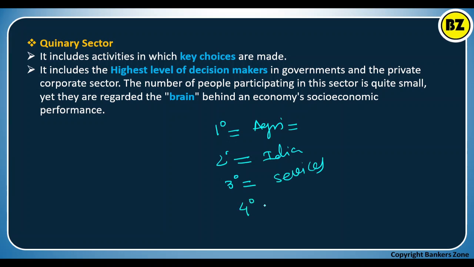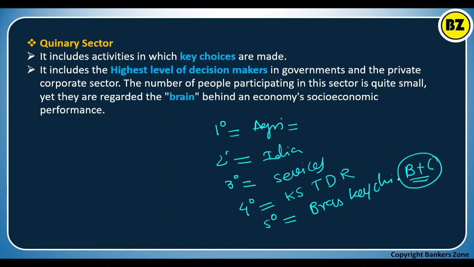Then we have discussed the quaternary, which is the knowledge sector: teaching, development, research. And the quinary sector is nothing but the brains, basically making the key choices. They may be bureaucrats plus corporates. So in this way, this is the summary for your sectors.